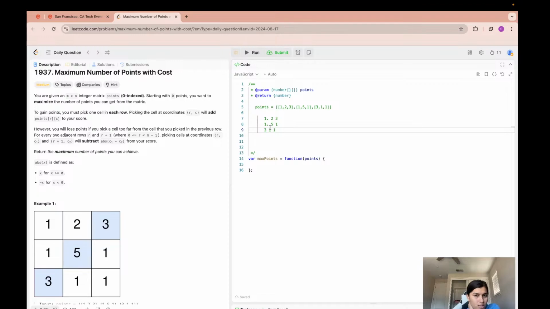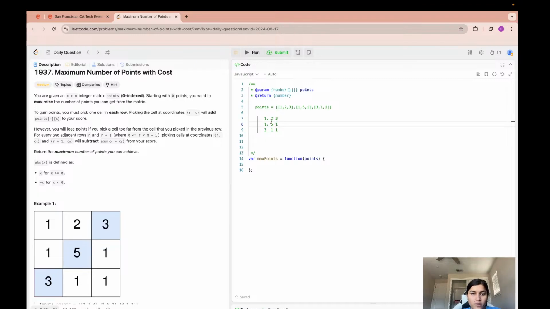And if I pick a cell too far from the cell I picked in the previous row, then it will be subtracted.